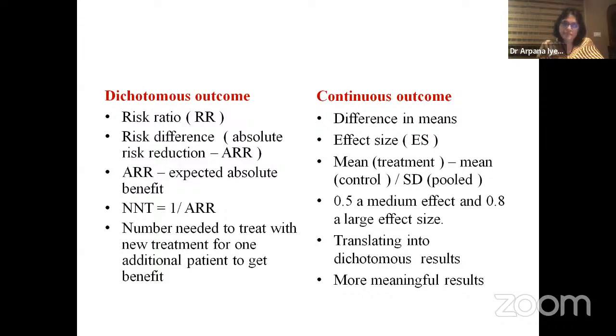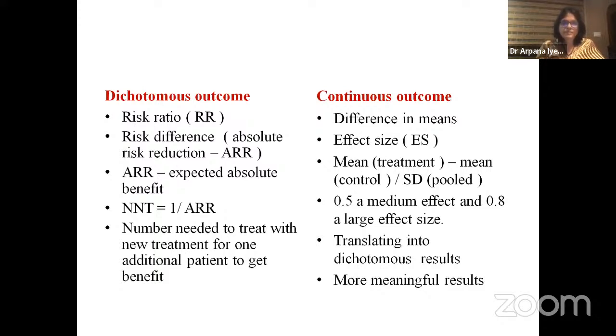In nephrology, it is like partial remission or complete remission, or whether they have ended up in ESKD or not. Those are simple examples of dichotomous outcomes. Continuous outcomes are proteinuria and GFR, which have continuous numbers.